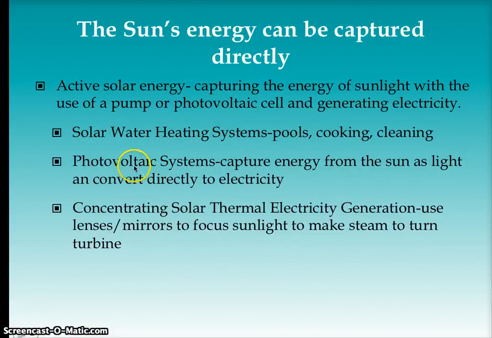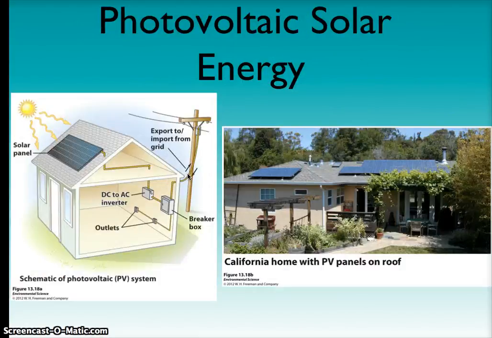A photovoltaic system is going to capture the energy from the sunlight and convert it directly to electricity. So photovoltaic systems, it's basically the same thing as a solar panel. Solar panels capture the energy from the sun and convert it to electricity. And here's our picture.